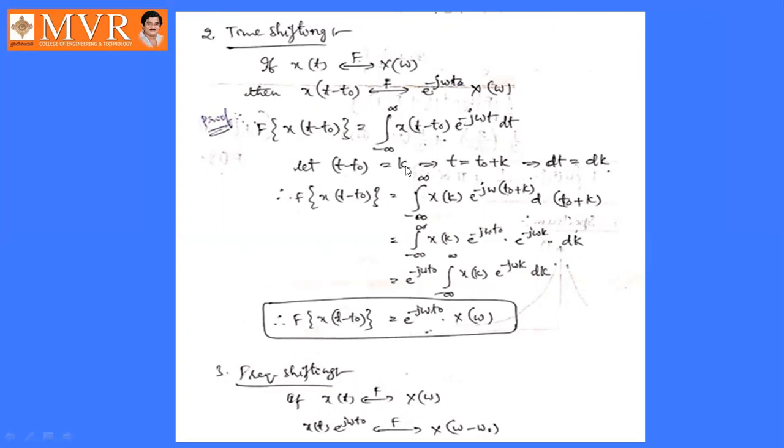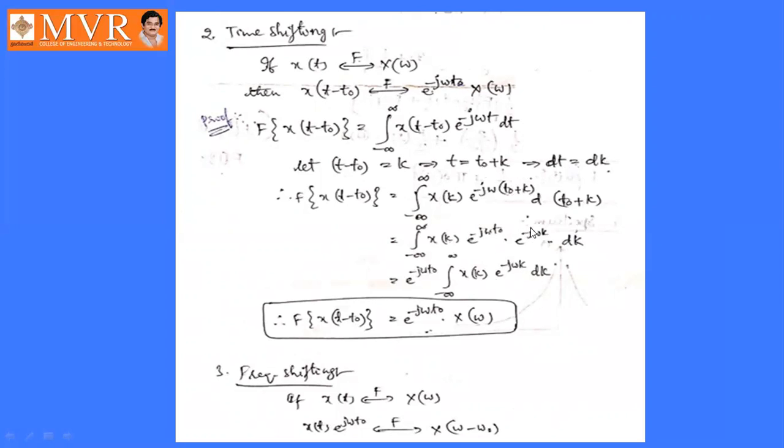Let t minus t naught be k, or t will become t naught plus k, and dt will become dk, right? So the Fourier transform of x of t minus t naught is equal to integral minus infinity to infinity x of k into e power minus j omega, where t is replaced by t naught plus k. So it is integral minus infinity to infinity x of k into e power minus j omega t naught into e power minus j omega k into dk. dt is dk, right?